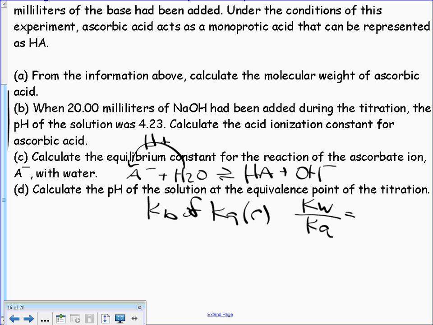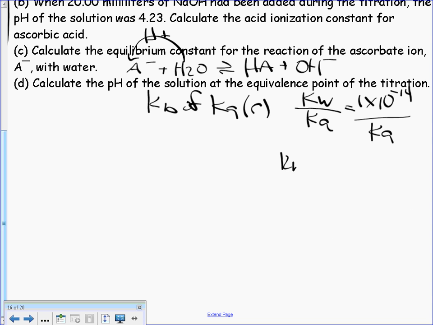But what's the constant? 1 times 10 to the negative 14th divided by our Ka value that we just found in part C. And so that value is 1.29 times 10 to the negative 10.